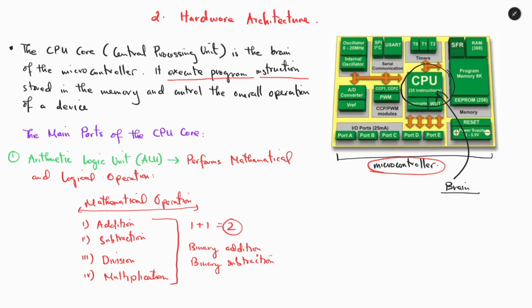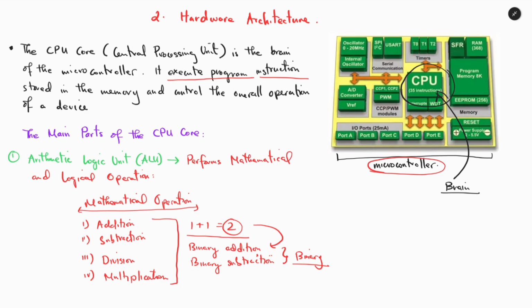And when we perform using a number system which is called a decimal number system, it is the same operation. However, those decimal values are converted into binary, and then this particular ALU is able to perform those addition and subtraction operations on the values which are in binary.